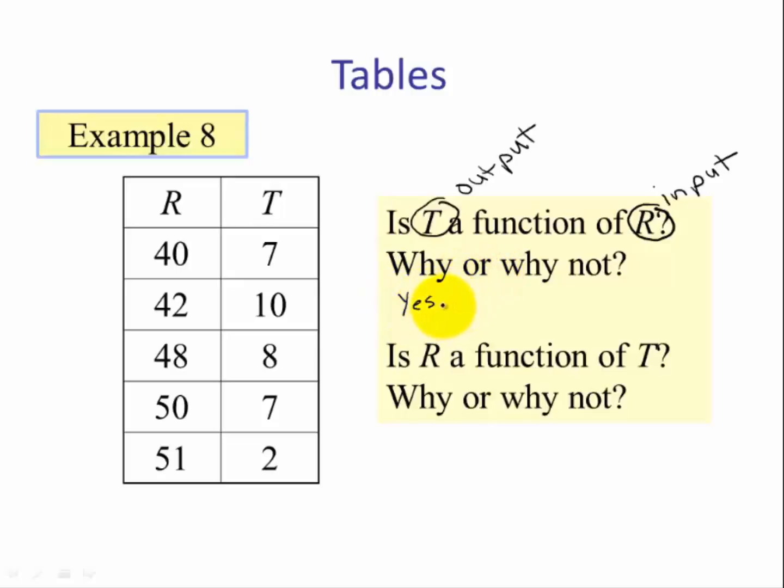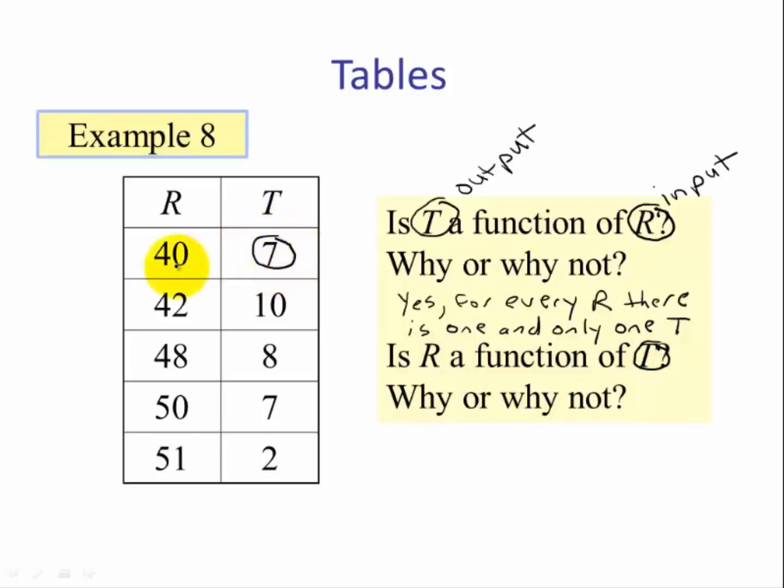And yes, for every r, there is one and only one value of t. Now the next question says, is r a function of t? t now is the input and r is the output. So we have a problem.